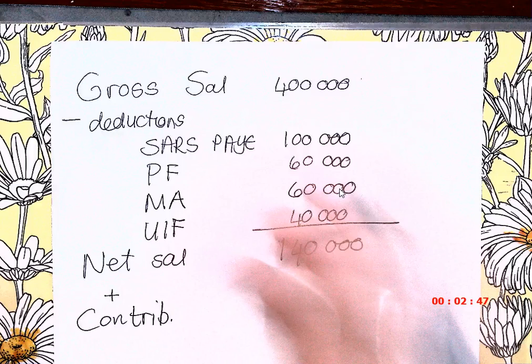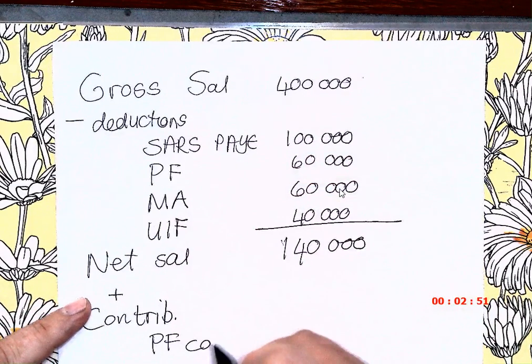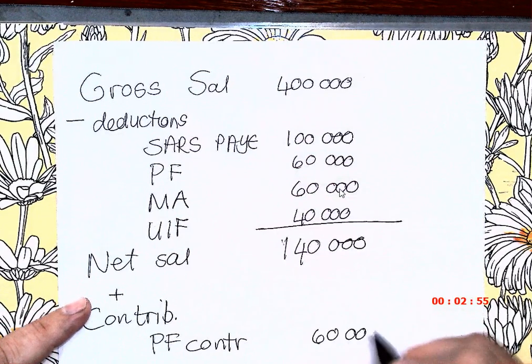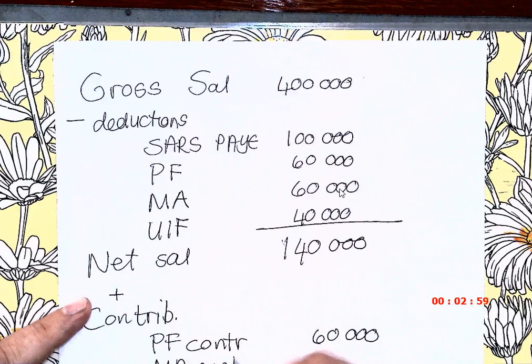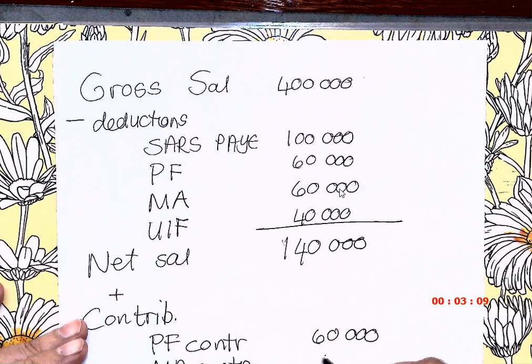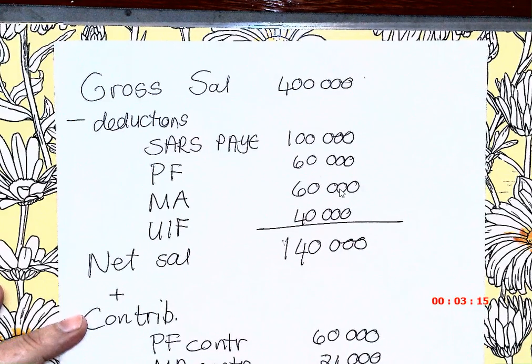Let's say he gives to the pension fund rand for rand, and for the medical aid, he gives 50 cents for the rand. Usually in our case, the government pays a third. So let's say they pay about 2,000. So 2 times 12, it's 24. Then UIF, they do rand for rand.